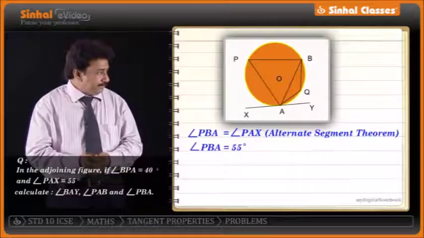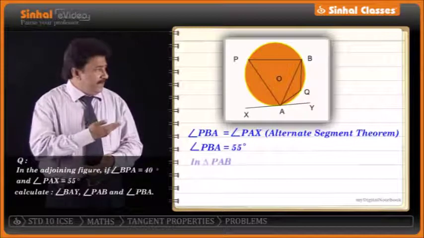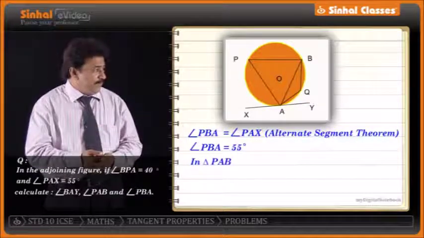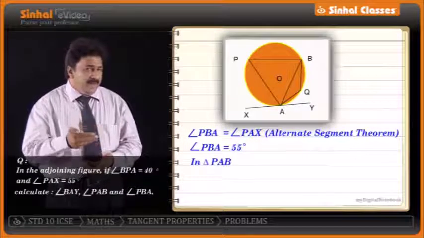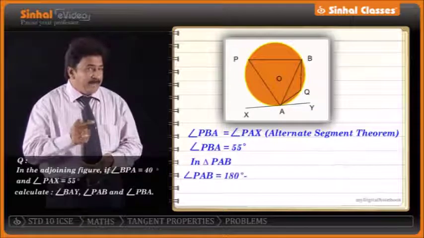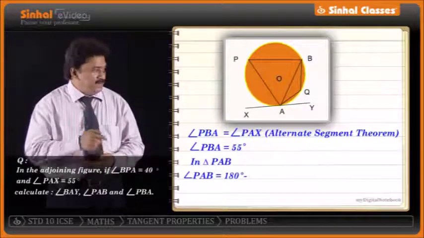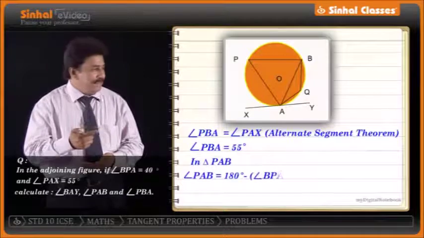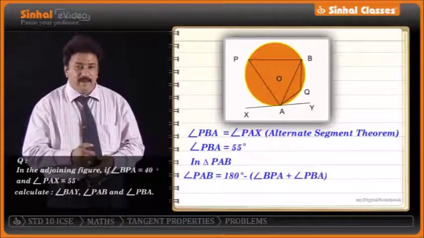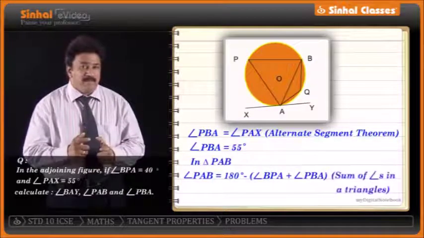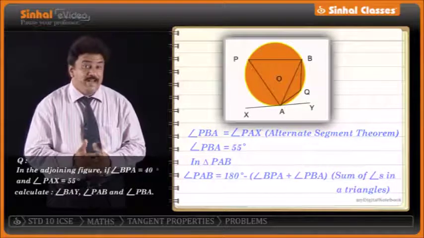Let's move ahead. In triangle PAB, angle PAB is equal to 180 minus in the bracket angle BPA plus angle PBA. Why are we doing this? Because the sum of angles in a triangle is 180 degree.